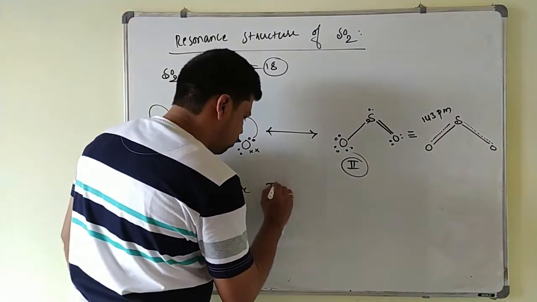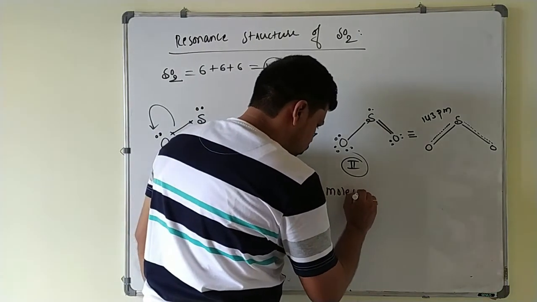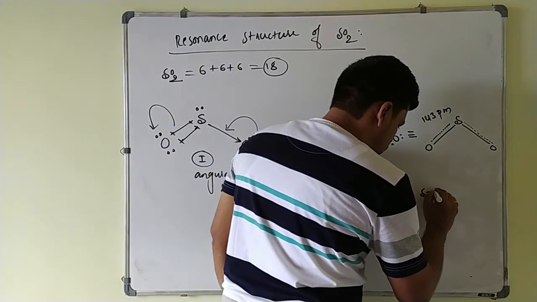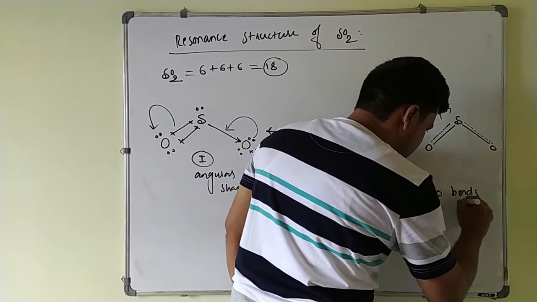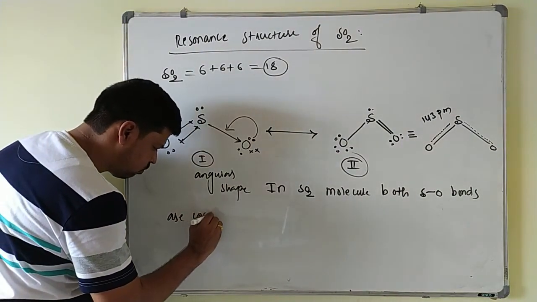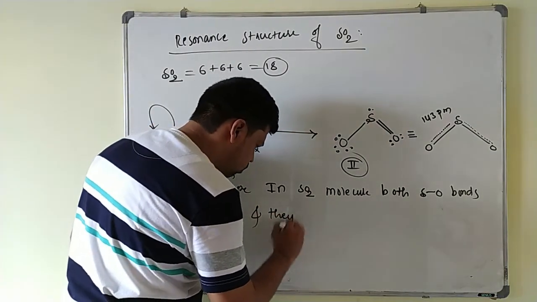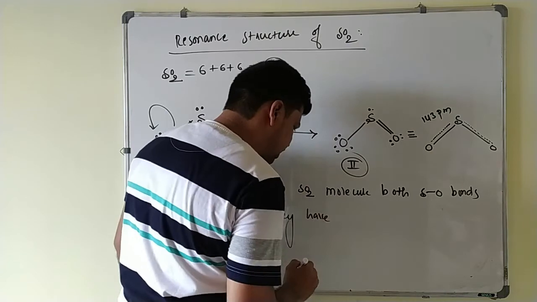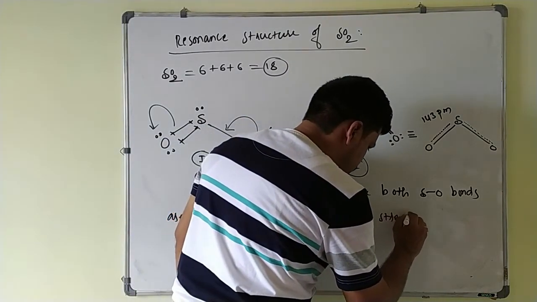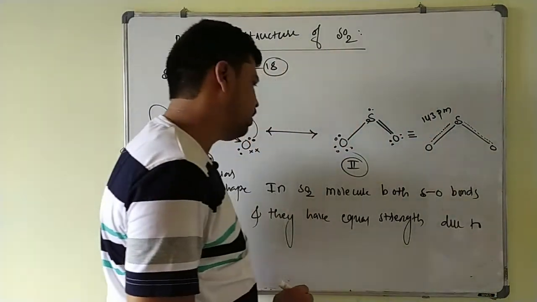In the SO2 molecule, both SO bonds are covalent, and they have equal strength due to resonance.